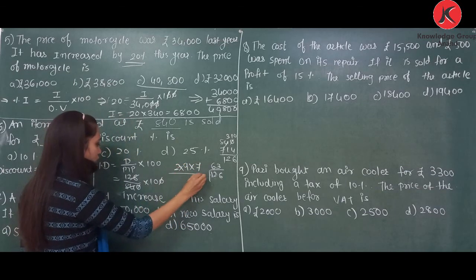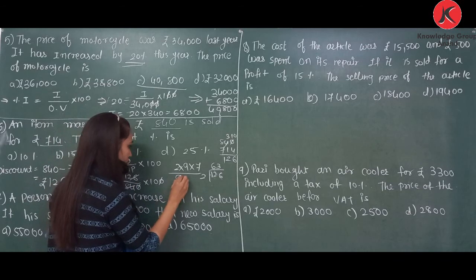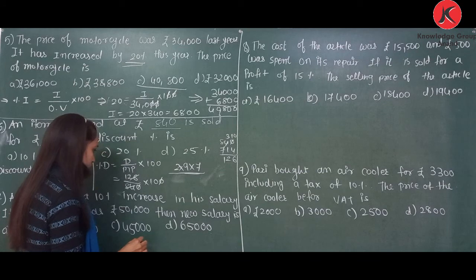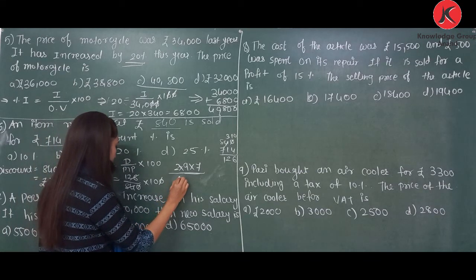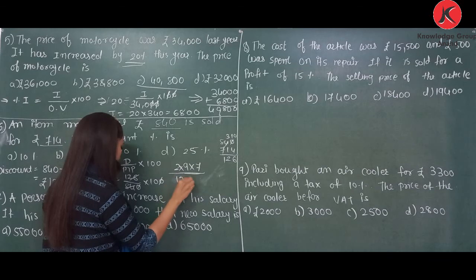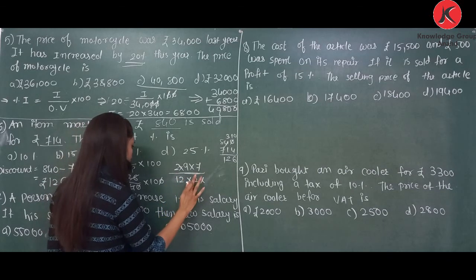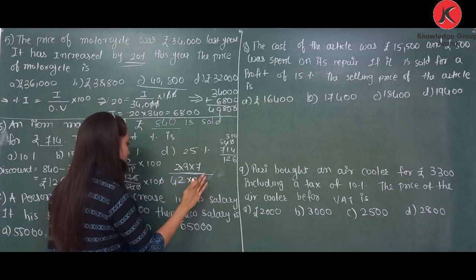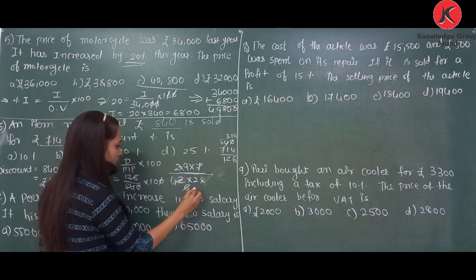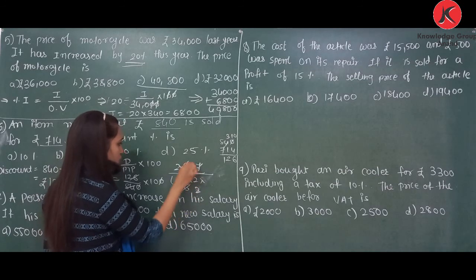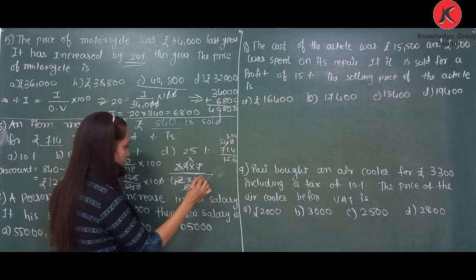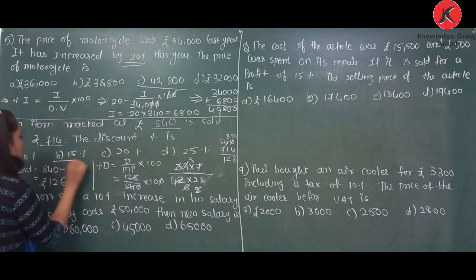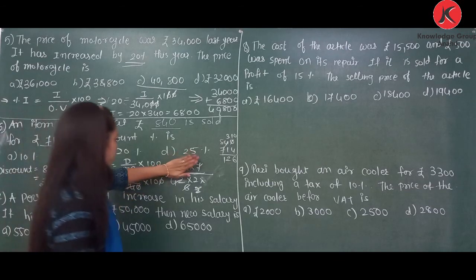These are the factors of 126 and of 84. So if you solve this, you will get 15%.